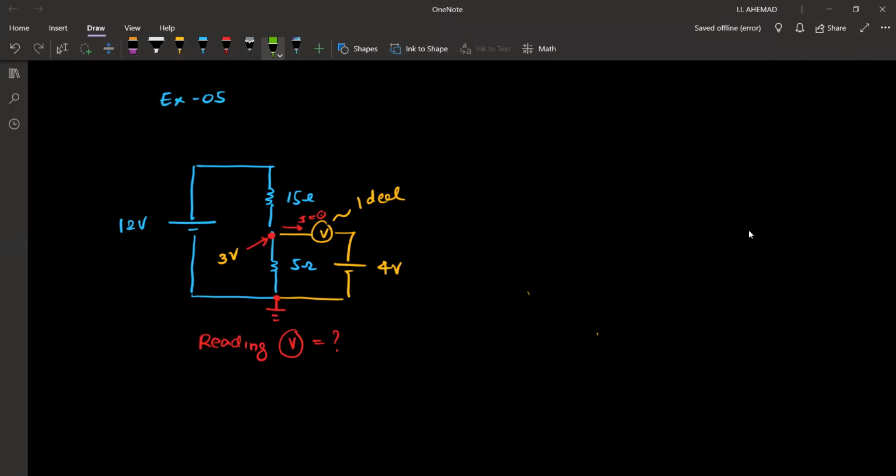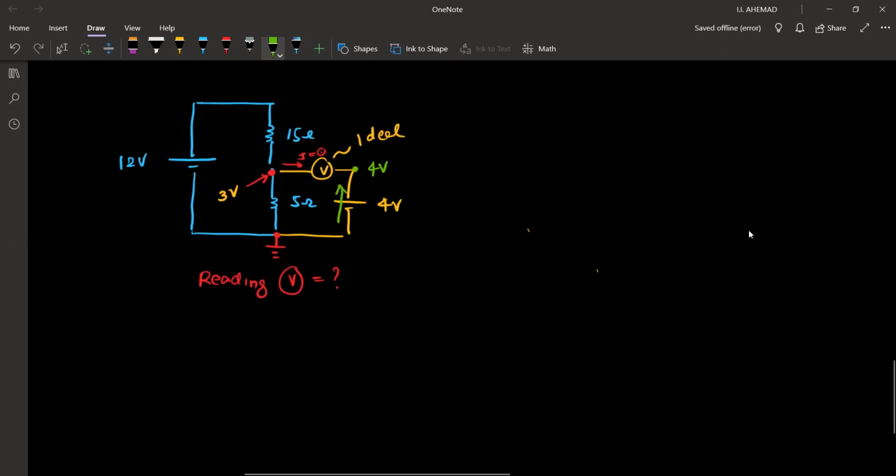So here we have a battery. So I can draw this potential increase using this arrow. So here it's 0. There's a potential increase of 4 volts. So here the potential is 4 volts.